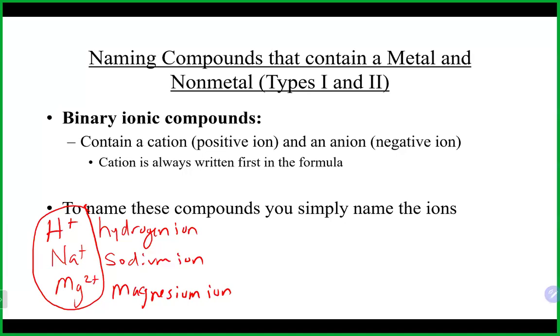Now, if you have something that is negatively charged, like maybe you got H minus, maybe you got Cl minus, maybe you got O2 minus. By the way, hydrogen is the only element that could go both ways. It can be positive and it also can be negative. In most cases, hydrogen will be positive. Hydrogen will be negative if it comes after a metal.